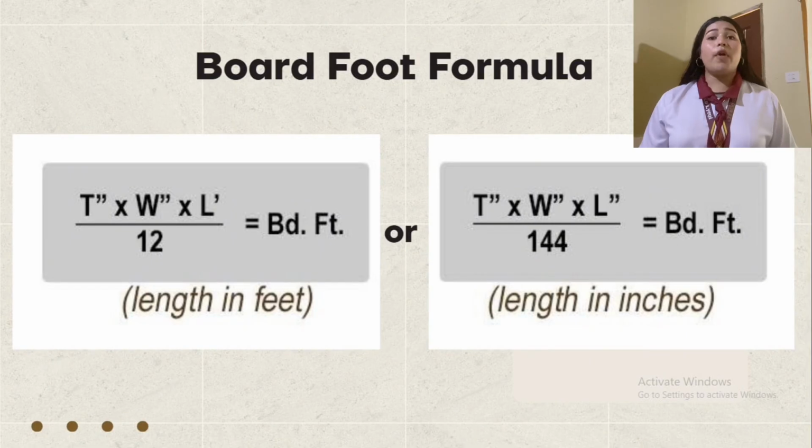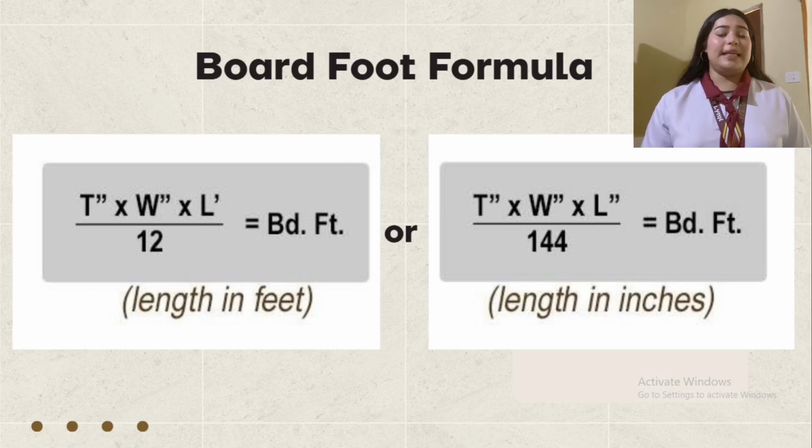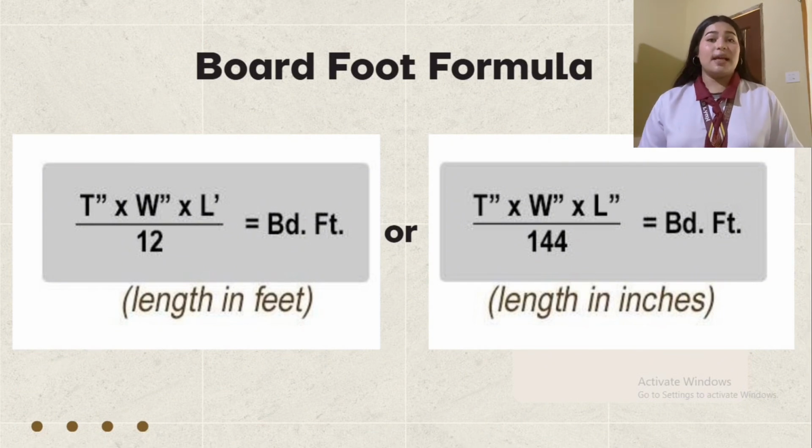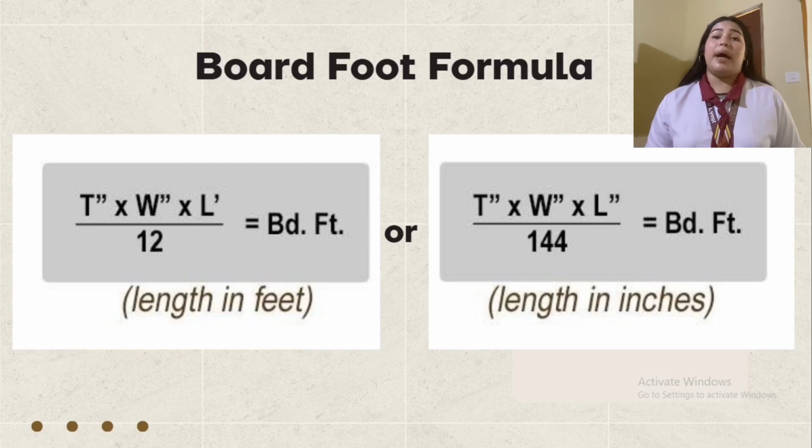A board foot measures the volume of lumber. There are two common formulas. The first one is using length in feet: board feet equals thickness in inches times width in inches times length in feet, divided by 12.